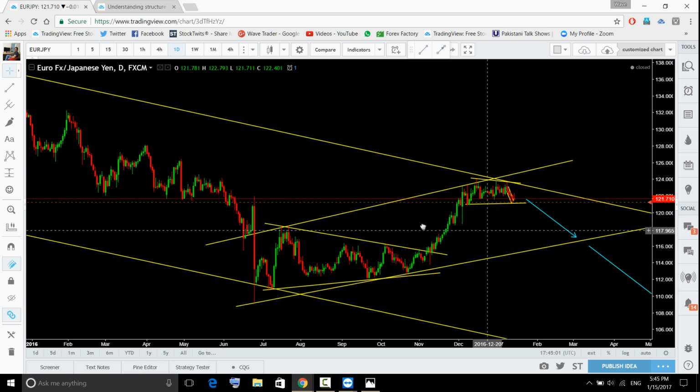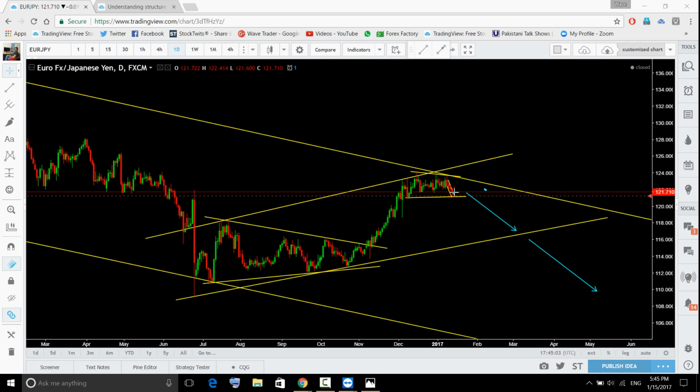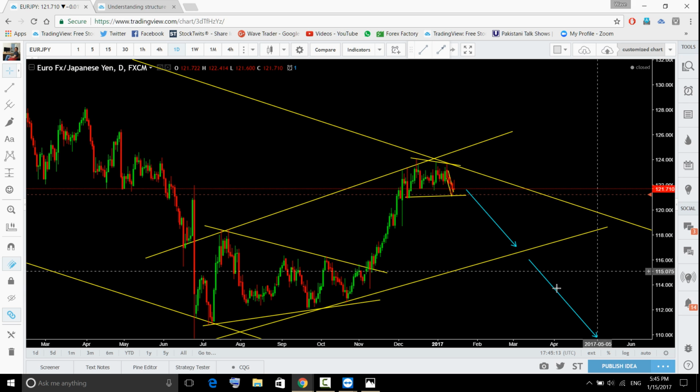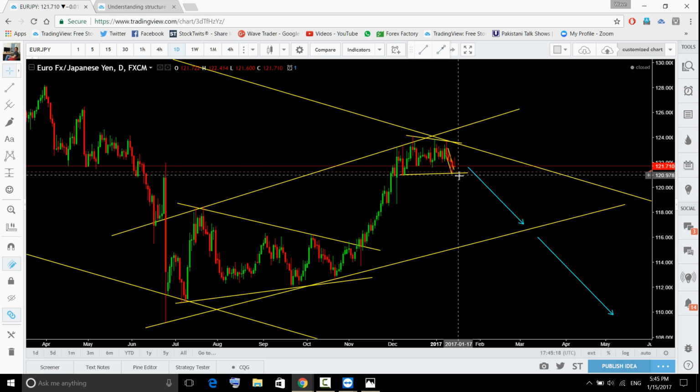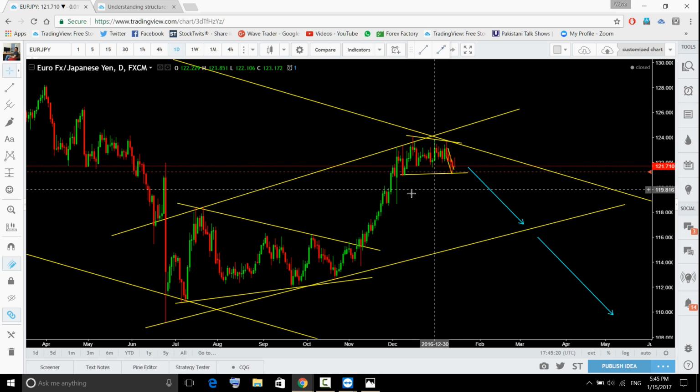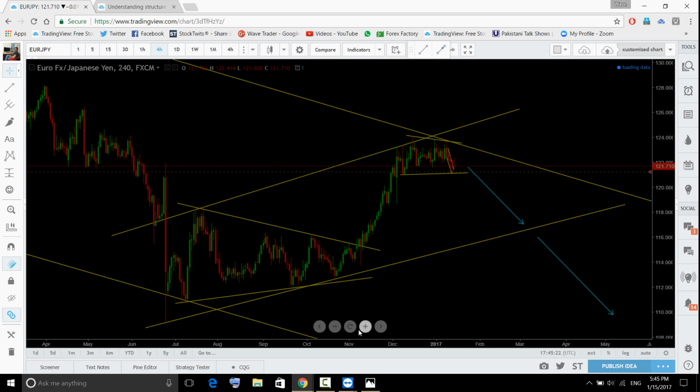I want to take this move. If I get that move, then this trade is going to be an amazing trade. That is the reason I'm still holding that trade.